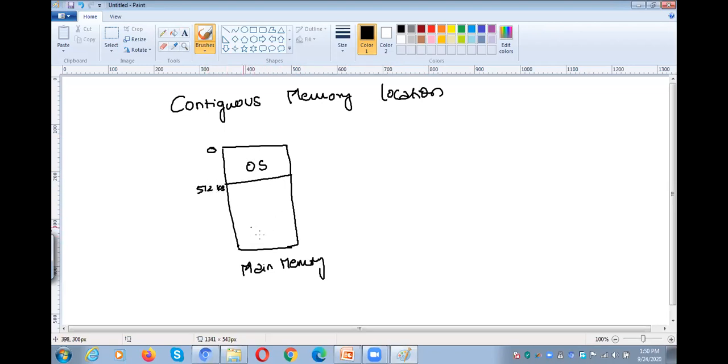What about the remaining area? The entire remaining area is divided and used by the user for user processes. So that means it is a user area where we can keep the user processes, right? Automatically the entire remaining portion is divided into partitions.